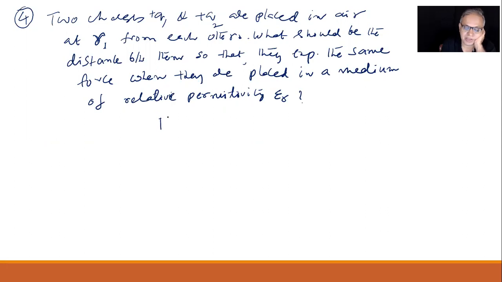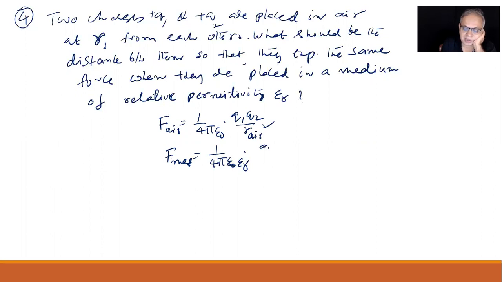Look at this. In air or vacuum, the formula is 1 by 4 pi epsilon 0 Q1 Q2 by R square. Here R1 square, or R air square, I'll write. Now F in medium will be 1 by 4 pi epsilon 0 epsilon r Q1 Q2 by R medium square. Now these forces have to be equal, children.